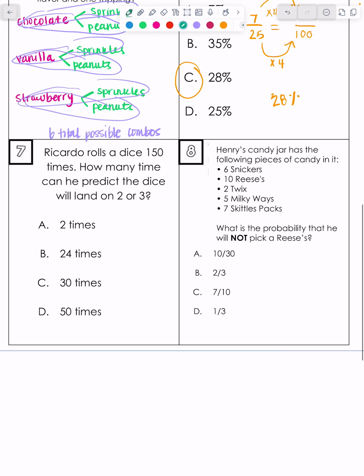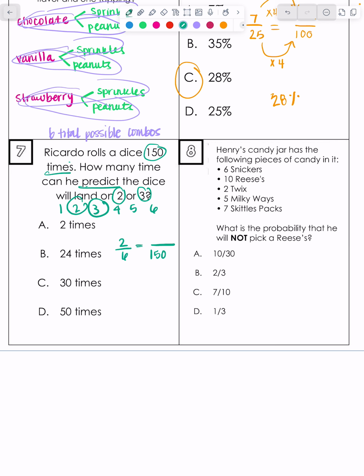All right, number 7. Ricardo rolls a dice 150 times. How many times can he predict it will land on a 2 or a 3? So if we have a dice, remember it goes 1, 2, 3, 4, 5, 6. A 2 or a 3, so 2 out of 6 times. And it's going to predict, so again, prediction means proportion.